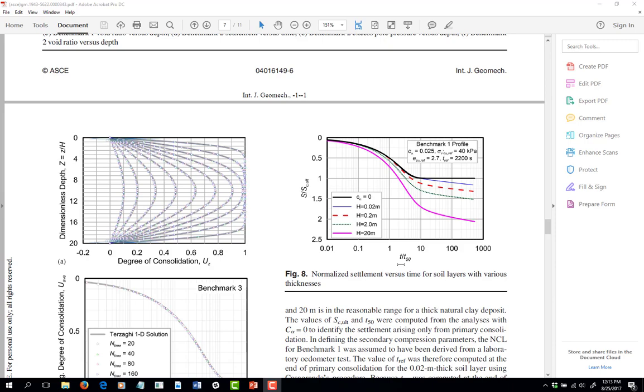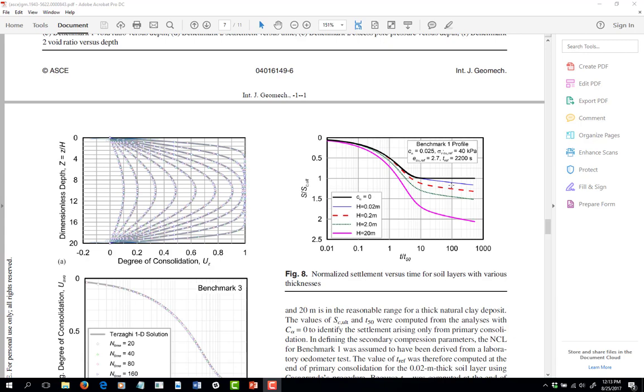Notice that the x-axis is normalized by T50. So the purple line is actually taking a lot longer to happen, but because of the normalization, we're able to compare these different curves. At the end of primary consolidation for the purple line, we get something like 1.7 times the amount of settlement that we would get if we excluded secondary compression during primary.